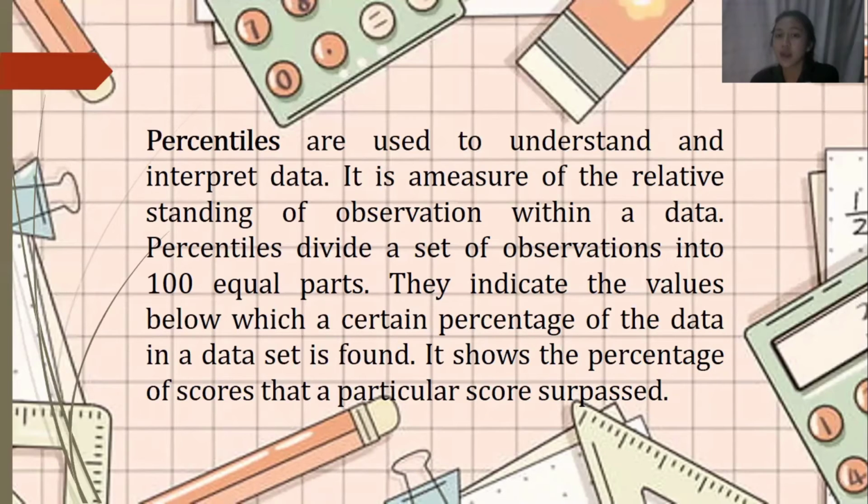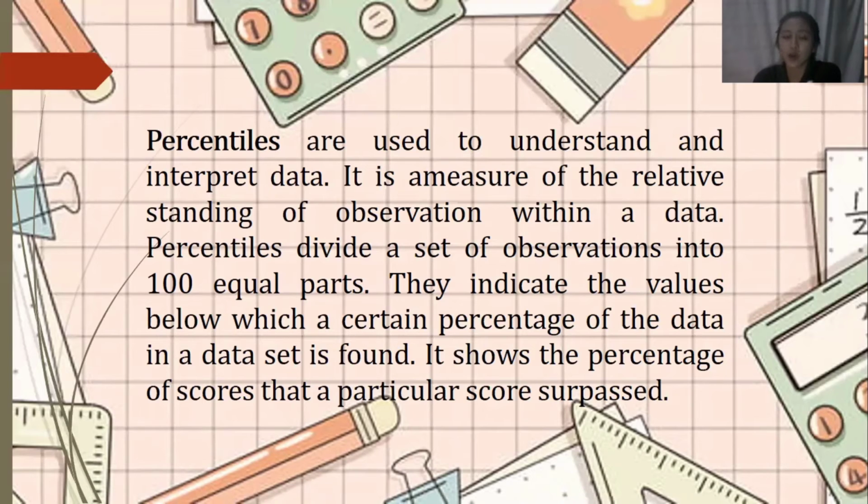It is a measure of the relative standing of an observation within a data set. So, percentiles divide a set of observations into 100 equal parts. They indicate the values below which a certain percentage of the data is found. It shows the percentage of scores that a particular score surpassed.